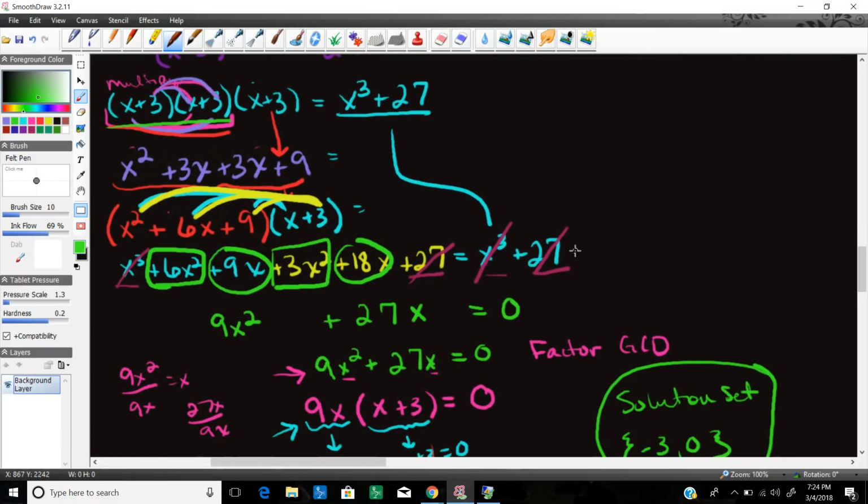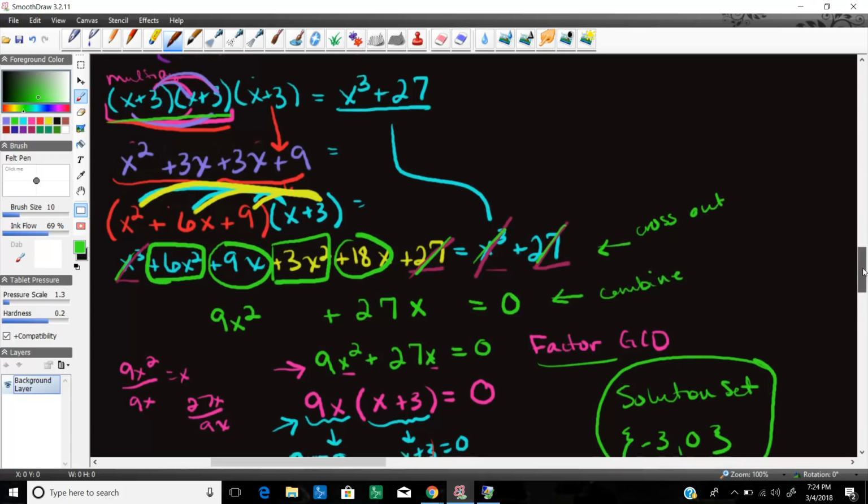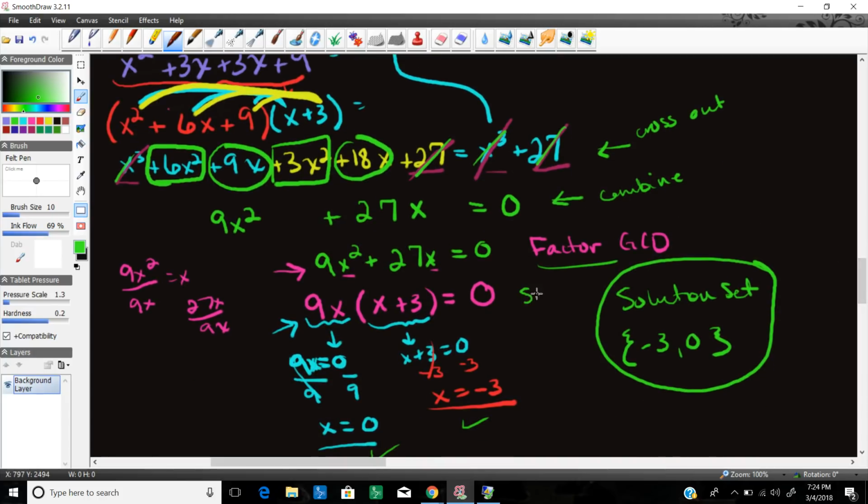When we get to this point right here, we can cross things out because we have the same thing on both sides. We had that x cubed and the 27. And then we just combined like terms, which gave us this line. So we combined here, and then we just factored. After factoring, we solved, and we ended up with our 2 answers.